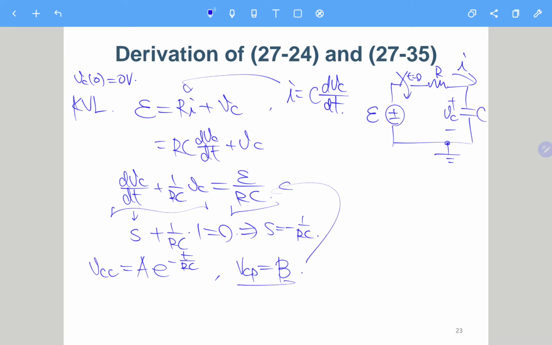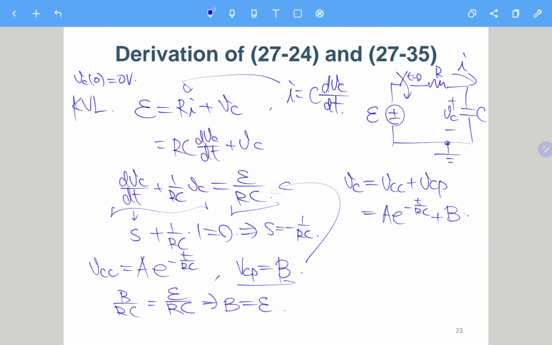For the first derivative, this is 0, and then the second term is B over RC equals E over RC. So we will get B to be E, nothing special. So finally, we will get a complete solution VC equals VCC plus VCP, which is A exponential minus T over RC plus E.